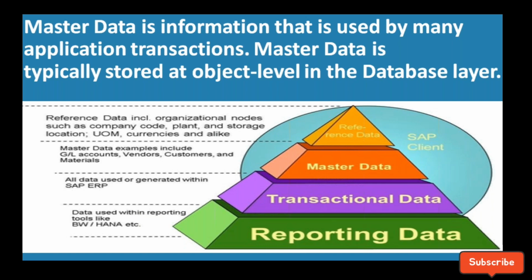So without that information, it is not possible to create one particular material in MDG, or not only MDG, in any system rather. So that is something which is a reference data.